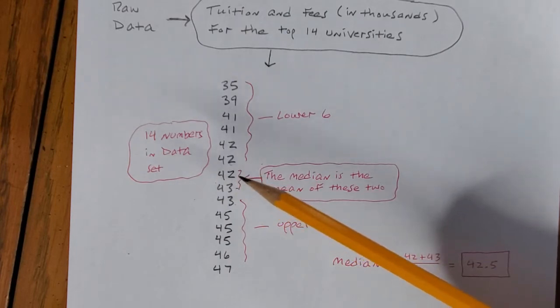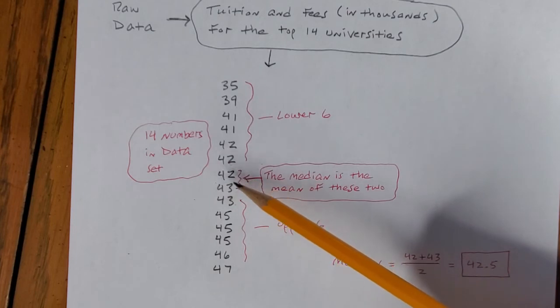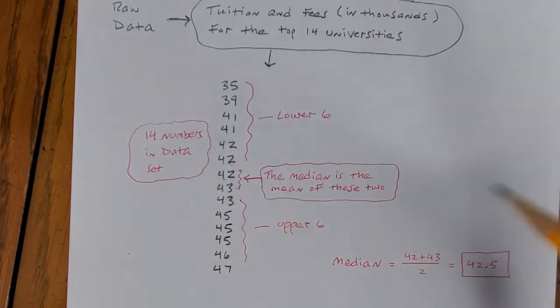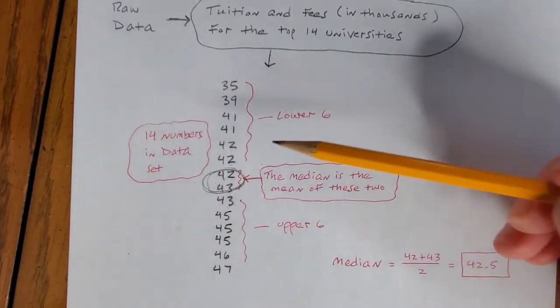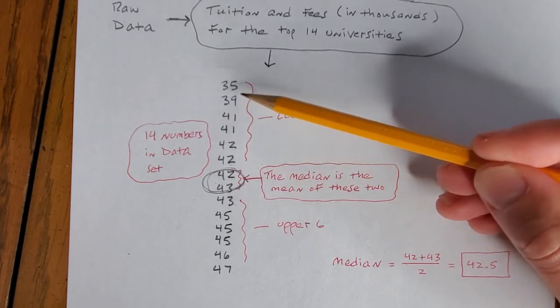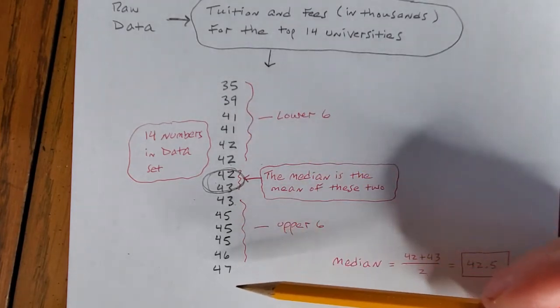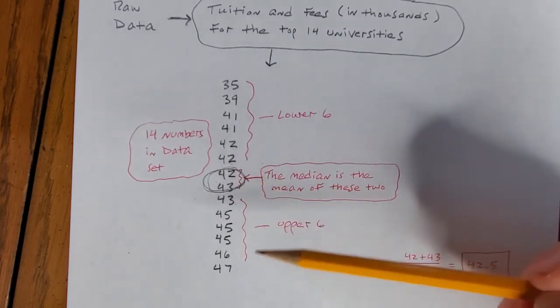So in this case, with 14 numbers in the data set, the middle 2 are 42 and 43. See those 2 right there? There are 6 below it, and there are 6 above it. So this is the middle, but we need to go a little further than that.